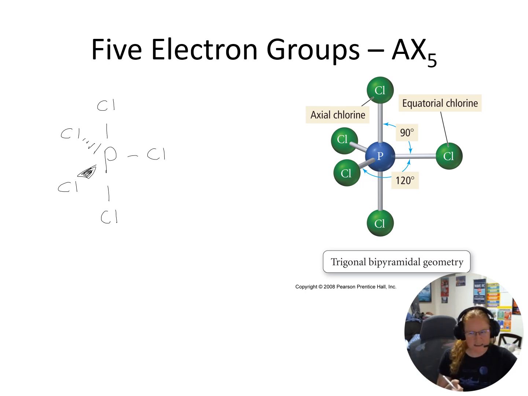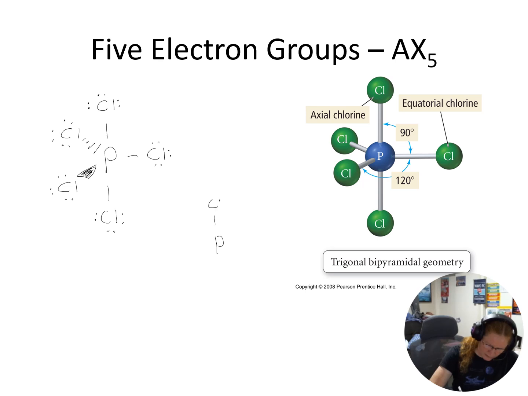Okay, this isn't a Lewis structure. We could be a little bit more exact. If we're not drawing a Lewis structure, we don't have to put the lone pairs on the surrounding atoms. But I'm going to go ahead and fill them all in on here. And so it takes something like this. And again, this is a perfectly fine Lewis structure.